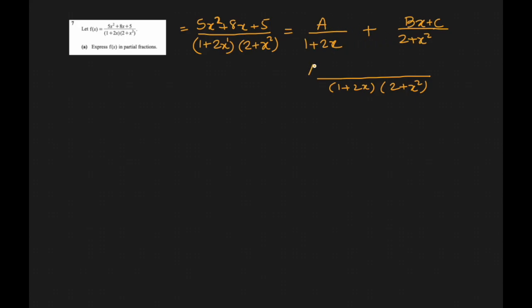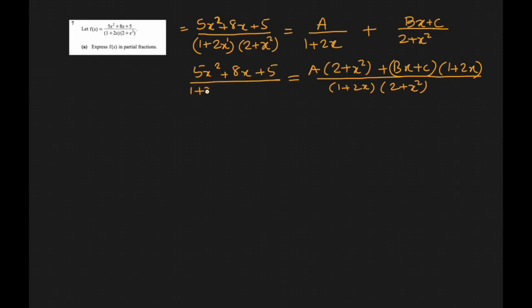So a times 2 plus x square plus bx plus c times 1 plus 2x will be equal to our original rational expression, 5x square plus 8x plus 5 over 1 plus 2x multiplied by 2 plus x square. Now you can see that the denominator here and denominator here are exactly same, so we can cancel them out.